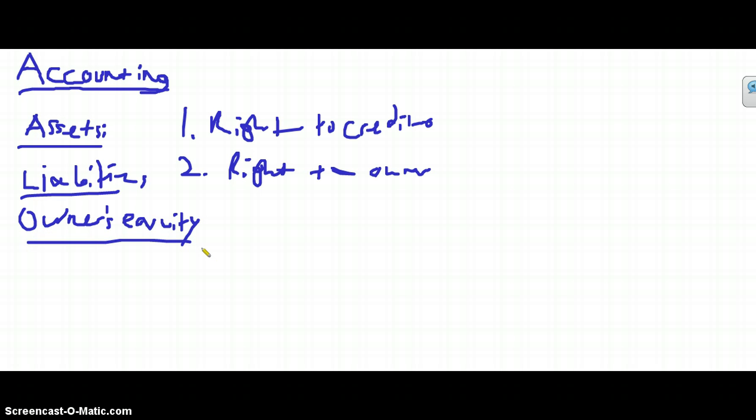So now we have to state the accounting equation in order to find either assets, liabilities, or owner's equity.